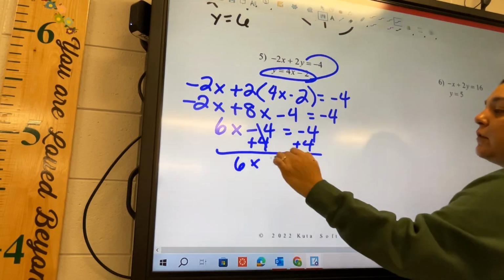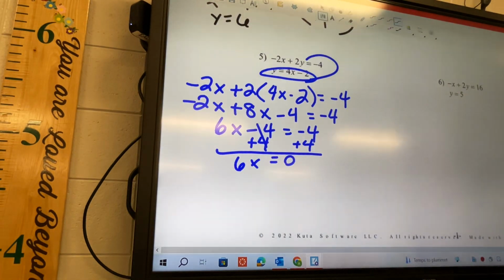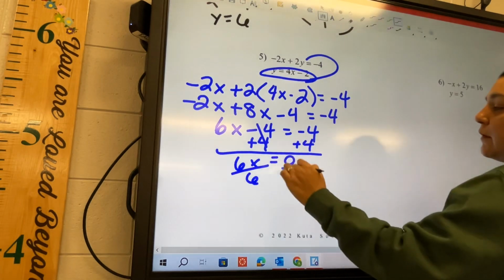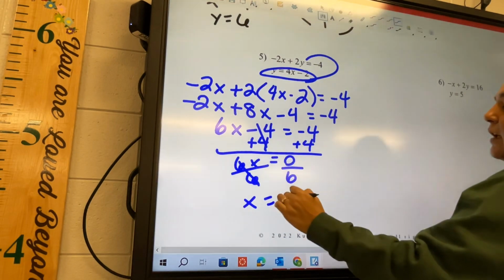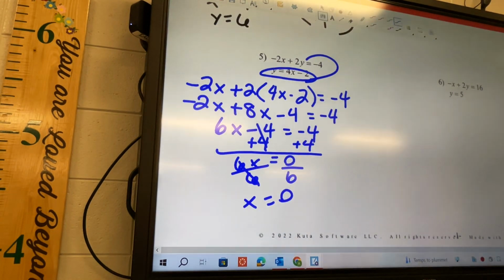Divide both sides by 6. So we get x equals 0. Okay, and then plug that back in. So it's going to look like 4 parentheses 0 close parentheses minus 2.